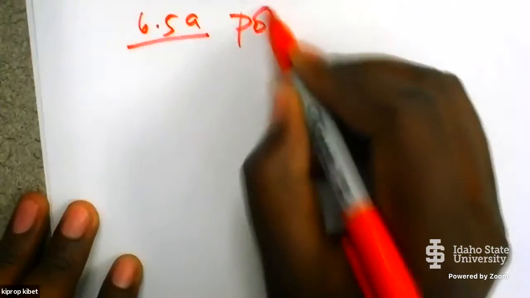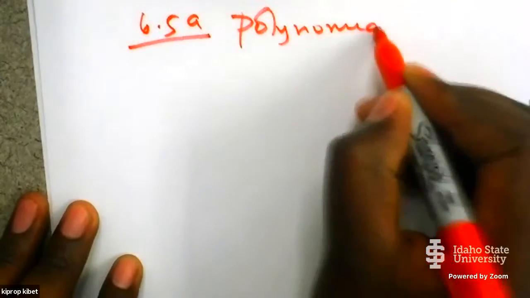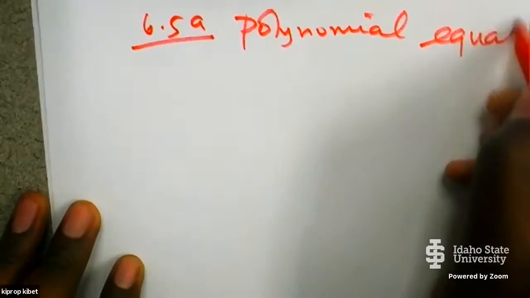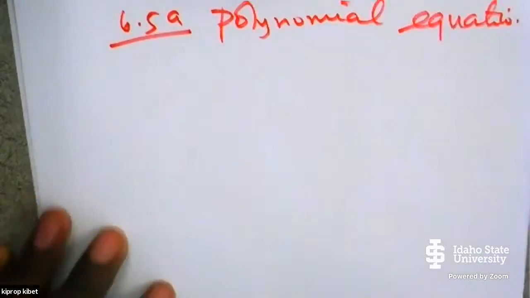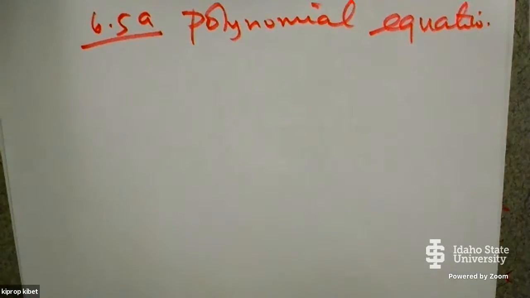So this is polynomial equation. Basically, this is like now putting the equal sign on the polynomial expression. So we just put the equal sign there. I already explained to you most of the things of that.